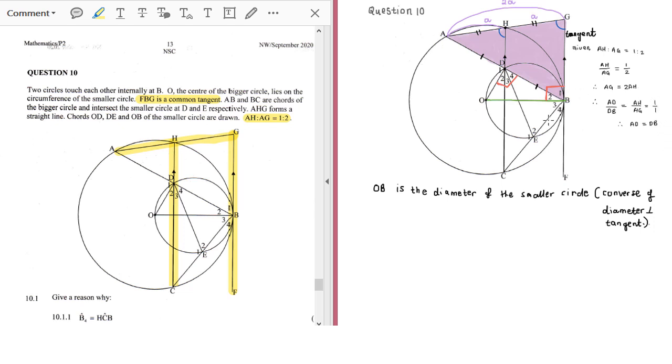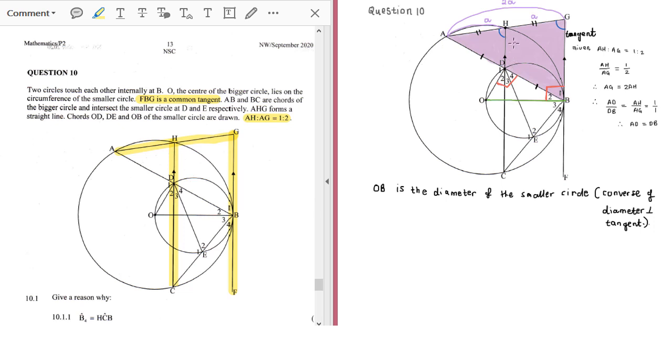Okay, so what else? Going back to that purple triangle, notice that in the beginning we've proved that H is the midpoint of the line segment AG and D is the midpoint of the line segment AB. So basically what we have right now is the midpoint theorem. We now have this line segment HD, which is joining the midpoints of two sides of a triangle.